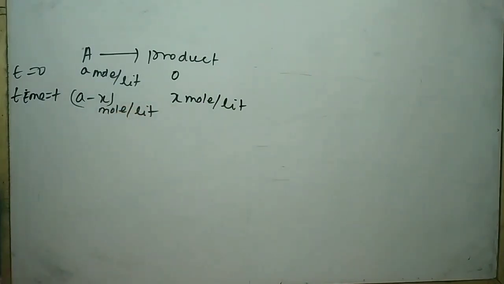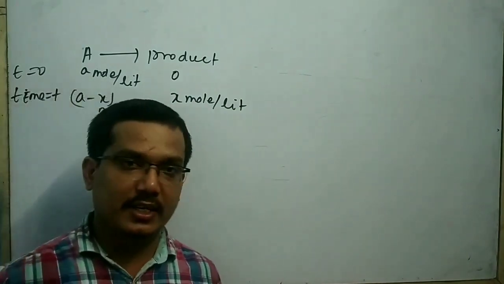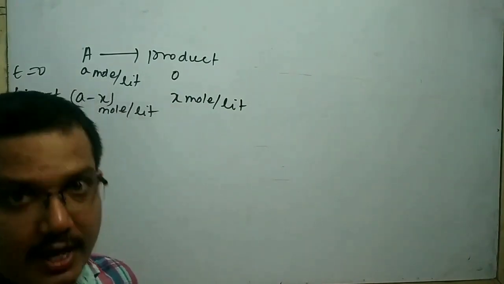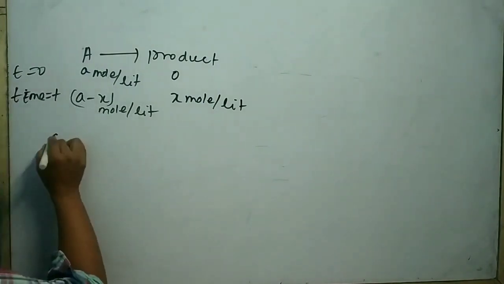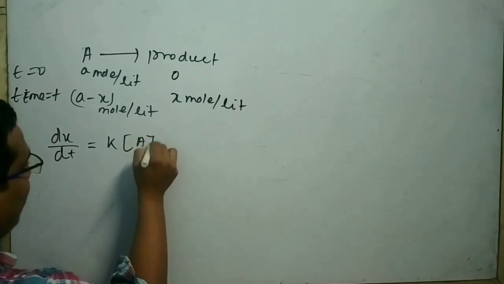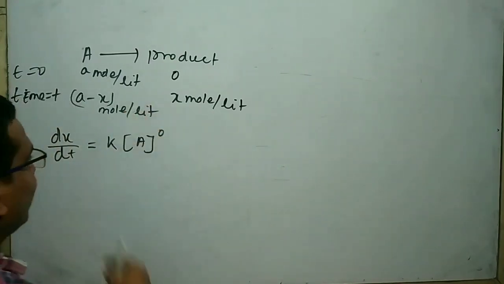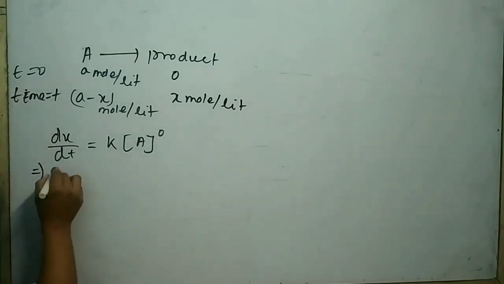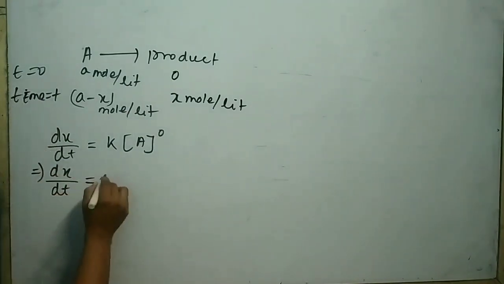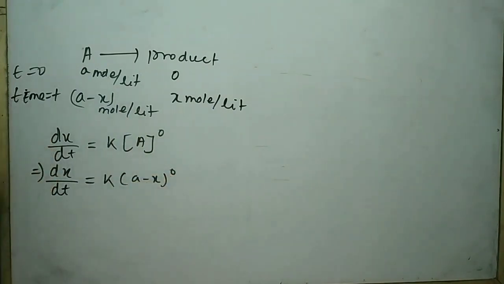According to the definition, a zero order reaction means the reaction in which the rate of reaction is independent of the concentration of the reactant. According to this definition, I can write dx by dt is equal to k into concentration of A power 0, because it belongs to a zero order reaction. Now I can write dx by dt is equal to k into (a minus x) power 0.